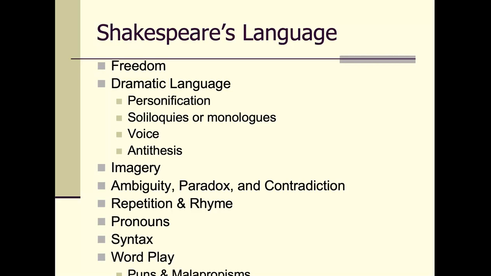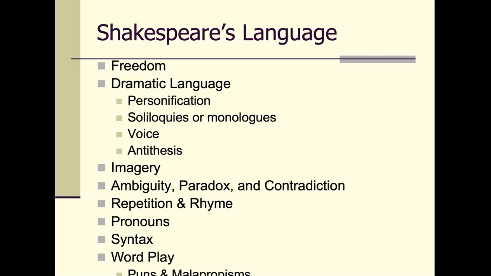You've got voice, antithesis, imagery, ambiguity, contradiction, paradox, which is the seemingly absurd or self-contradictory statement or proposition that, when investigated or explained, may prove to be well-founded or true, such as "my weakness is my strength."